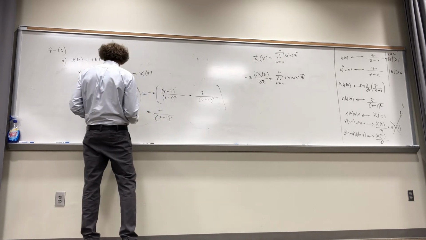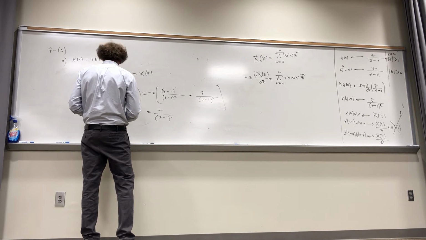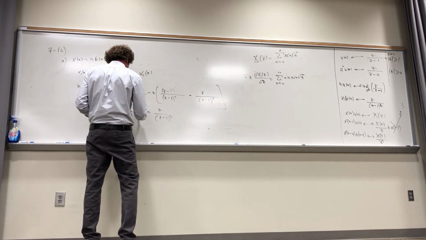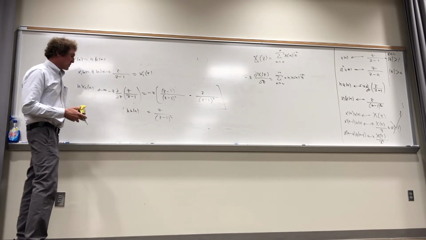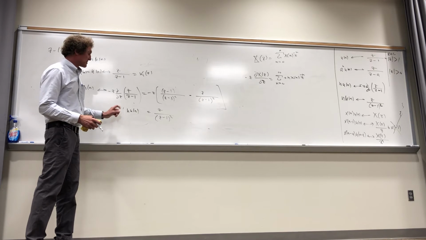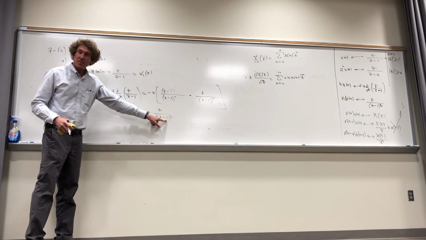This is one you should know. I should commit it to memory. This is going to be n u of n. And if it was n times a to the n u of n, this would be an a there. Okay? Everybody with me on this?